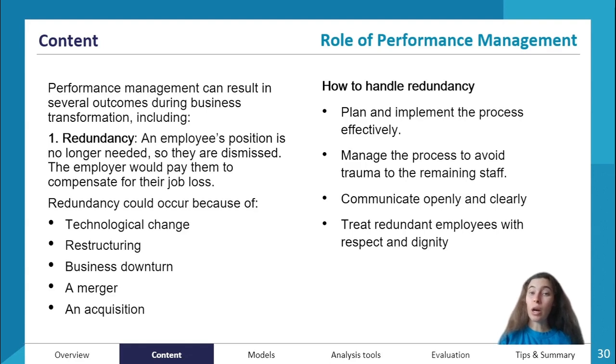If a business restructures, merges with another organization, or acquires or is acquired by another organization, those will all have an impact and potentially result in redundancies. And also just a business downturn. If a business is struggling, then they may not be able to continue to employ people and pay their salaries or wages. So that will also result in potential redundancies.